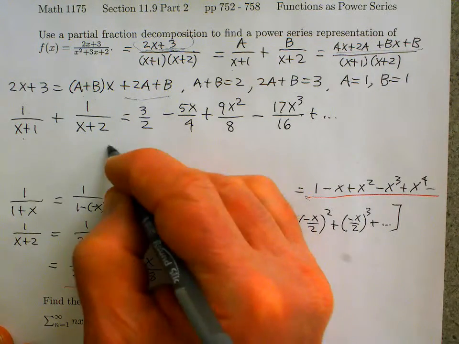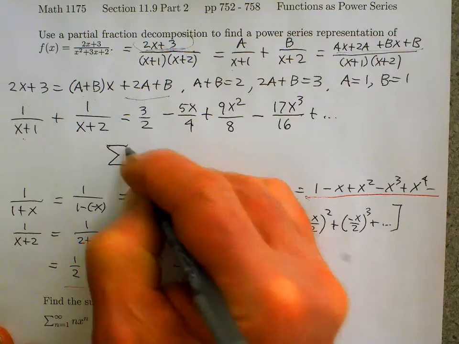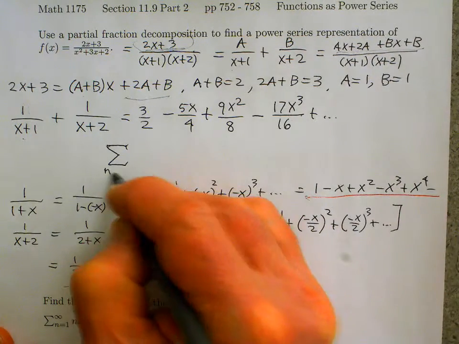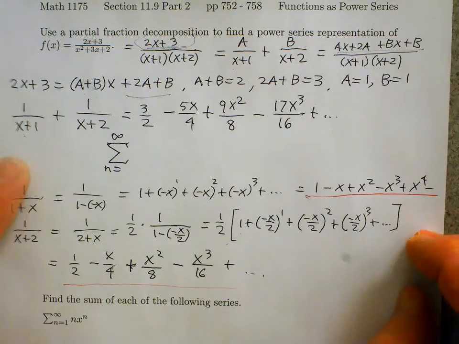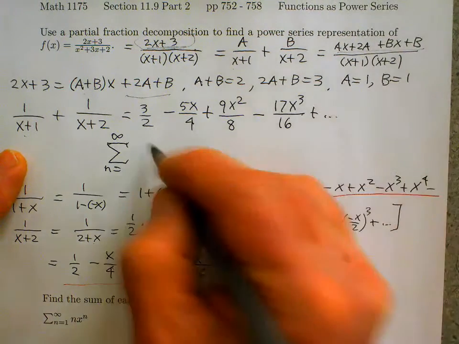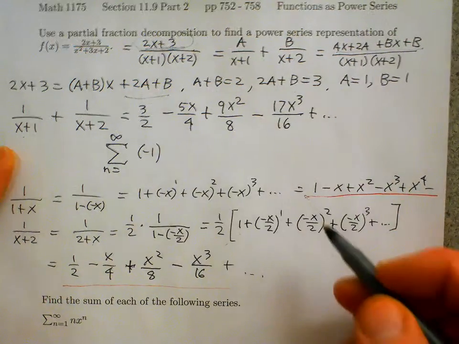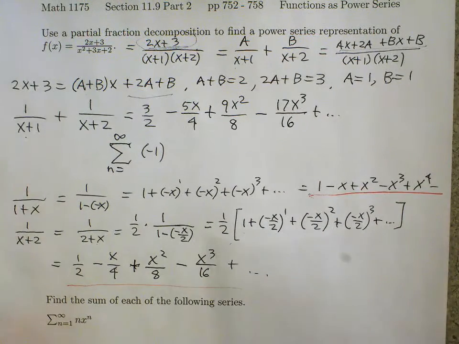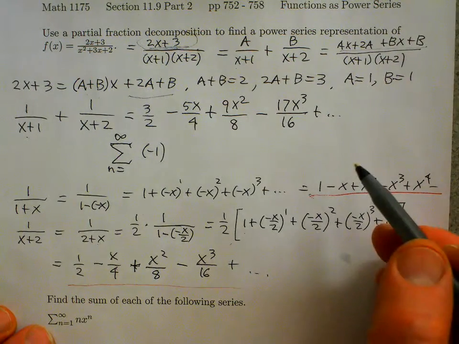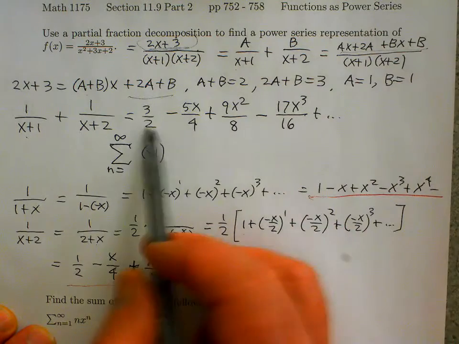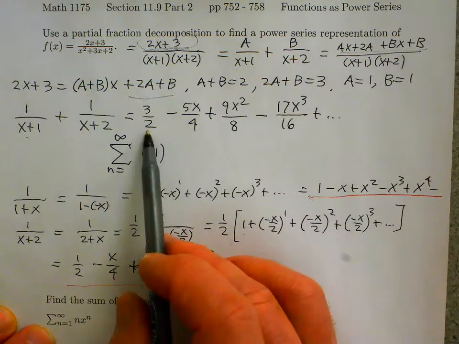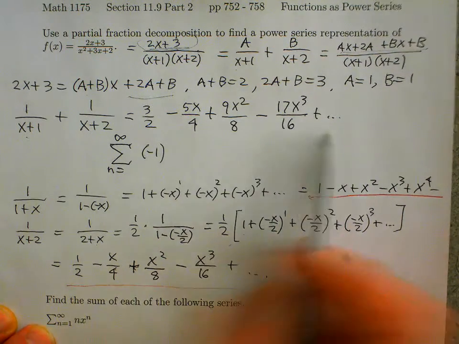So our sigma notation we need, it's an alternating series, so it's negative 1 to some exponent. So it looks like, well, if we focus on the denominators, they are just powers of 2.